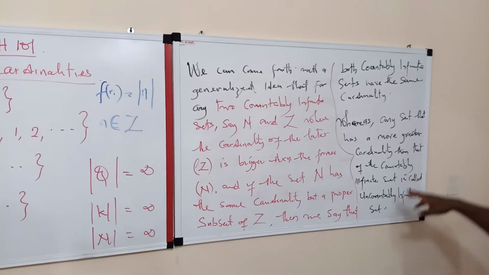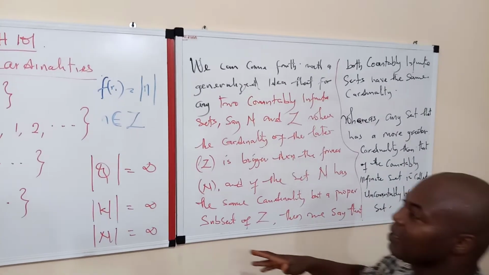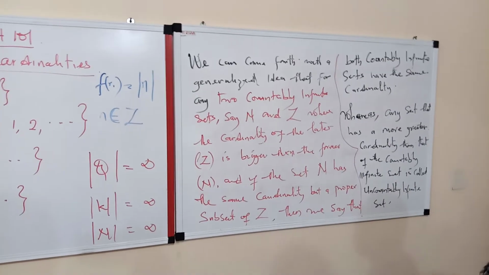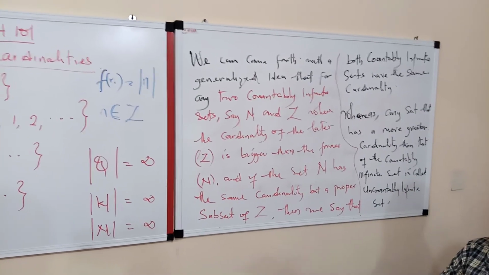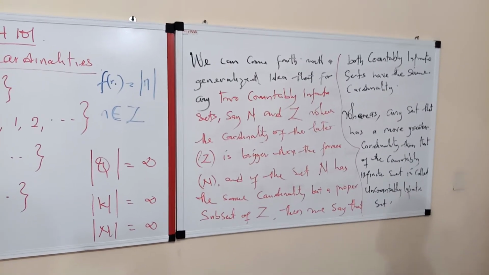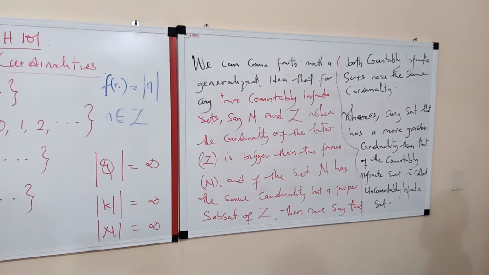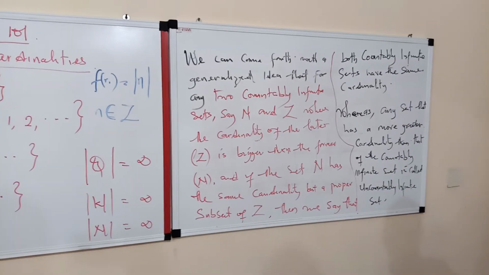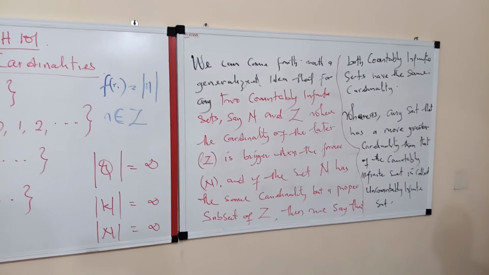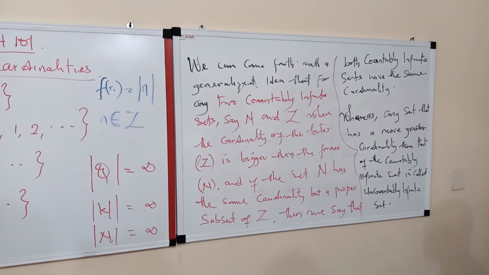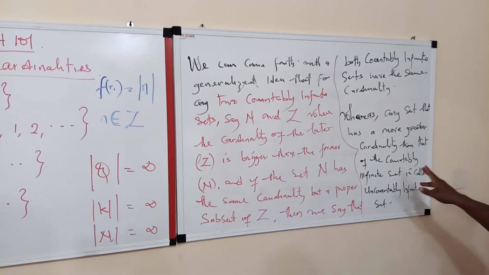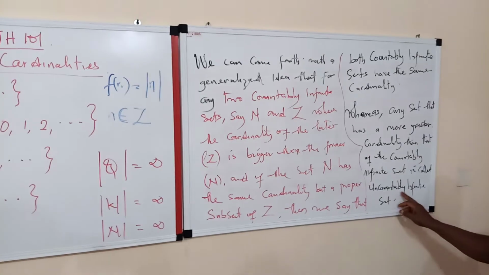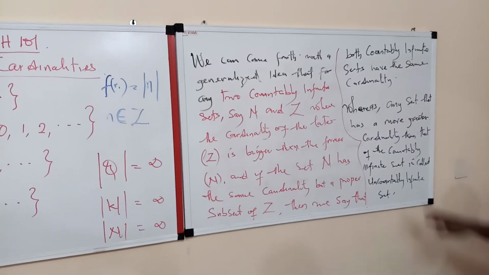Whereas, if what we are looking at is not true, and you see that a particular side is bigger than what we have shown, and it's not really having the same cardinality, then we conclude that such a set is not a countably infinite set, but rather it's called an uncountably infinite set.